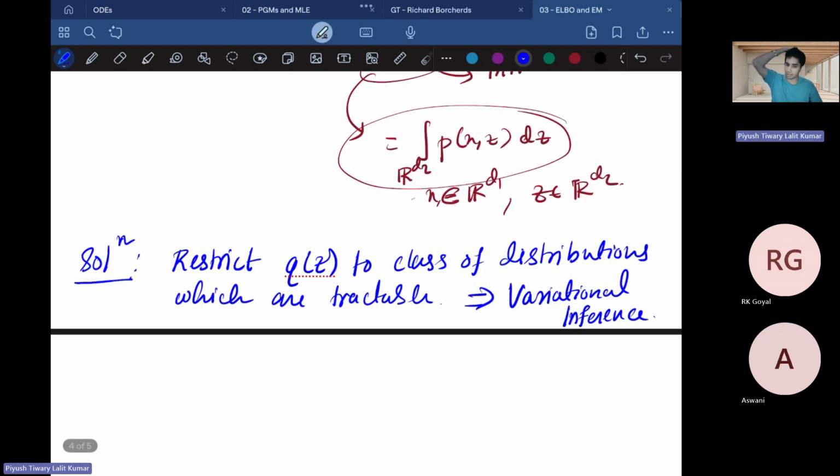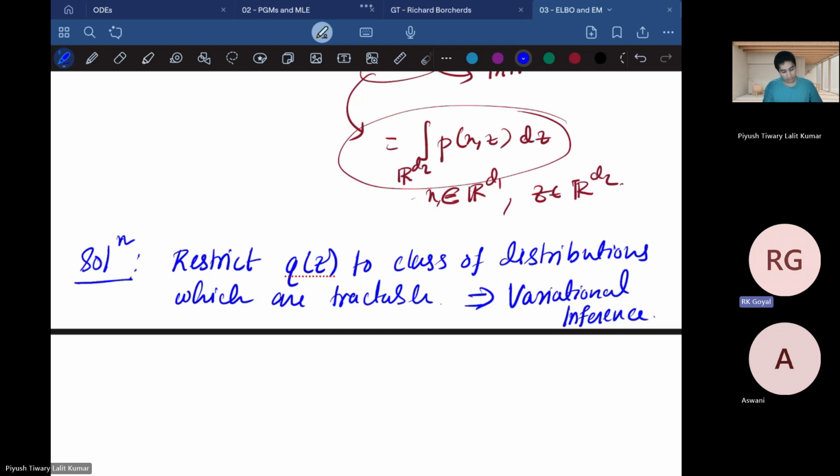For example, integration over R^D, these kinds of terms you can never calculate, at least generally. You can just think of it: can I calculate this distribution? If you can, then good. If you cannot, then it's intractable.